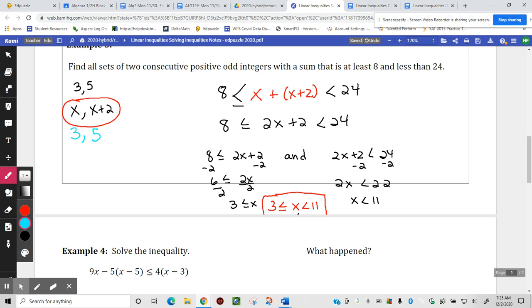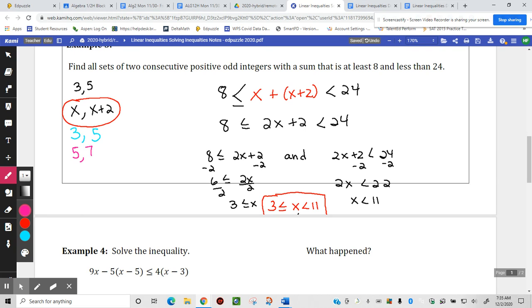So that's one pair, right? Is the sum at least 8? Yes, and it's less than 24. But wait a second, it's not the only answer that would work. What's another value for x that would work? Well, not 4, because 4 is even, but I could have 5, 5 and 7.